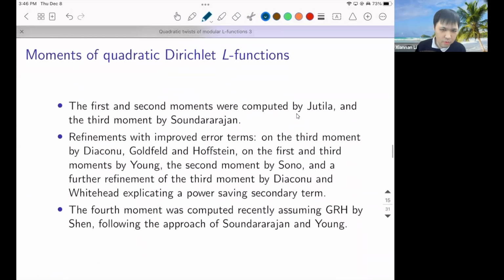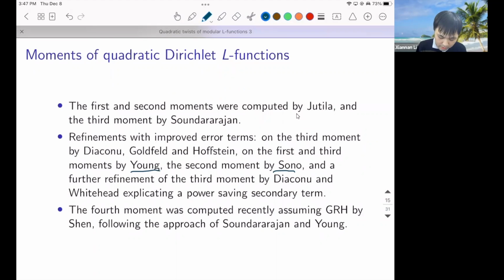There was also quite a bit of work done here. The first and second moments were first computed by Jutila, the third moment by Soundararajan, and then there were many refinements with improved error terms. On the third moment by Diaconu, Goldfeld, and Hoffstein, and the first and third moments by Young, where he did some type of recursive argument to handle the square-free condition. The second moment by Sono, who used the same technique as Young, so he basically adapted the technique of Matt Young to the second moment.